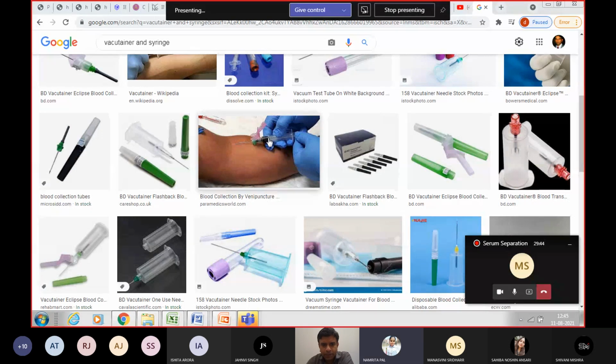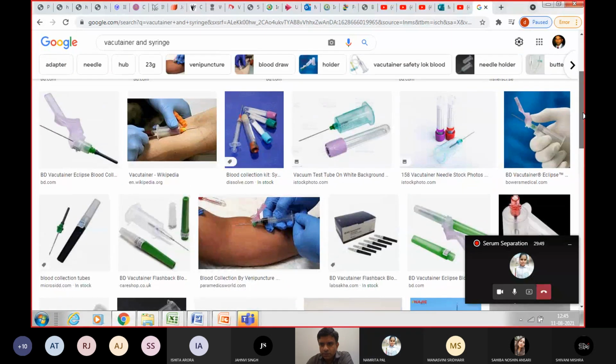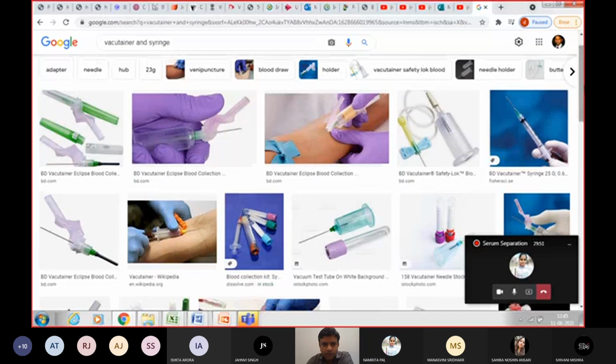Now there is another system which is vacutainers. Okay, so vacutainers are something like this. Now just see here what they have done is they have put this tube here, right? This tube you can see in this picture, it's the yellow or the gold cap, right? In this, it's the lavender one, right?